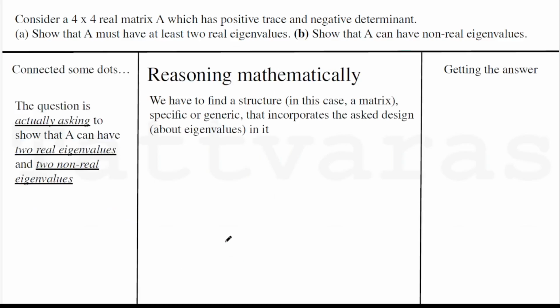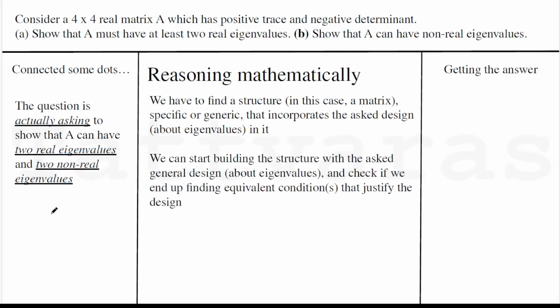Now, we have to find a 4x4 matrix satisfying these conditions that has 2 real eigenvalues and 2 non-real or complex eigenvalues. And the way we can go about it is we can start building what we are asked.